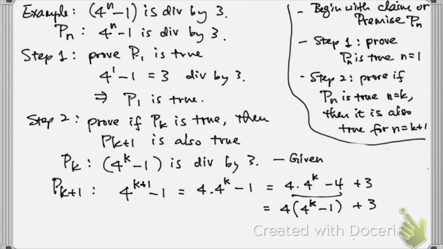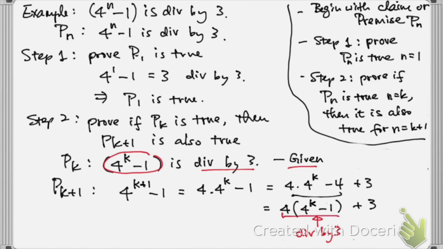Now let's take a look at each individual term by itself. We're given that this expression is divisible by 3. That's given, right? So that means this is divisible by 3. Well, a quantity that's divisible by 3 multiplied by any integer is still divisible by 3, right?